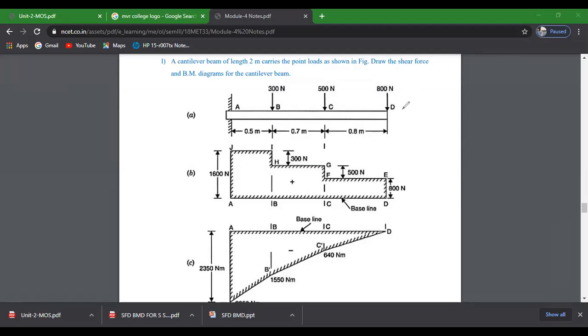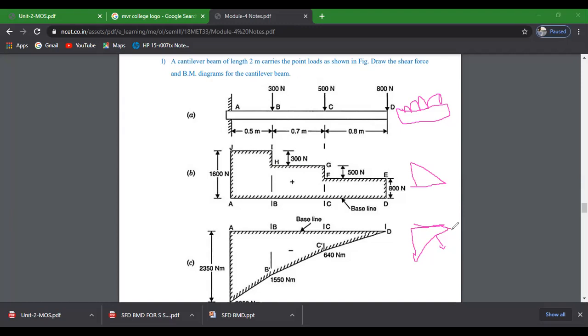If you consider a beam here with a UDL, UDL in the sense uniformly distributed load, the SFD will be an inclined line here. The bending moment will be like this, and this curve will be a parabolic curve, a second degree parabolic curve. Okay, it's quite opposite here.